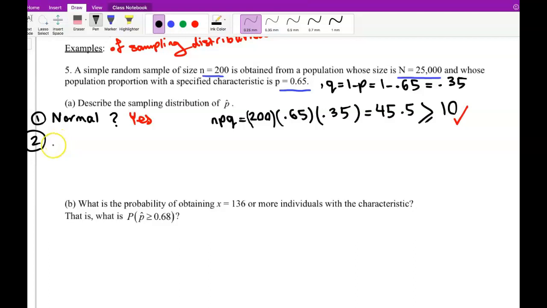Then the second part, finding the mean. The mean is already given, that is equal to the population proportion, 0.65. Then the third one, the standard deviation of the sample proportion.